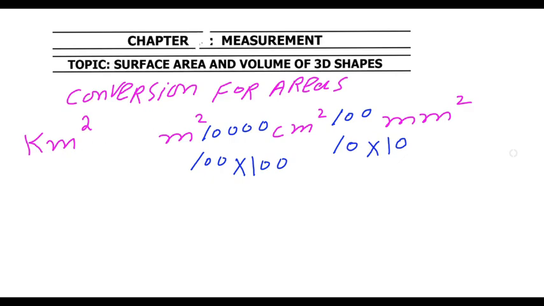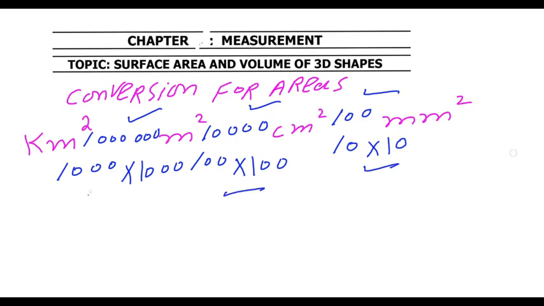And between kilometer and meter, I showed you 1,000. So now you multiply 1,000 twice, it's going to be 1 million. That's how conversion for areas works. You can write it in the middle like this, or you can convert like this, because with kilometer square or meter square you multiply twice.